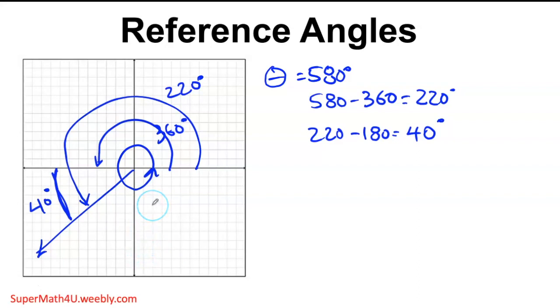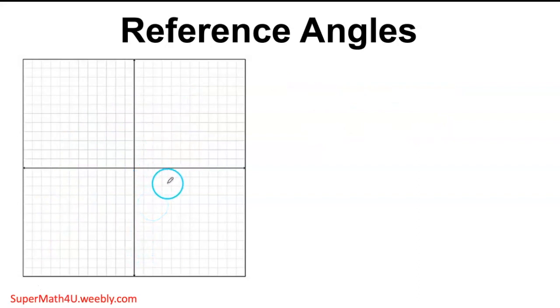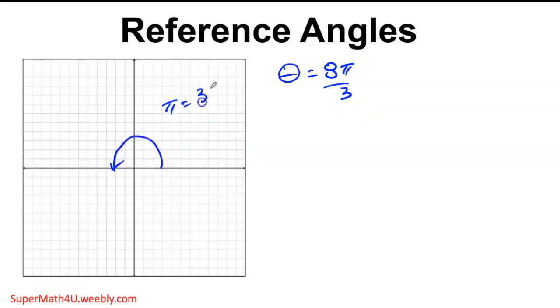All right, let's work another one in terms of pi radians. What if I have 8 pi over 3? Again, bigger than one revolution. Because this is divided by 3, pi over 3, I know that my pi is the same as 3 pi over 3. I'm doing this because my denominator is 3.